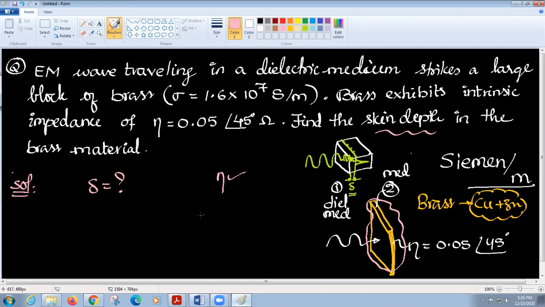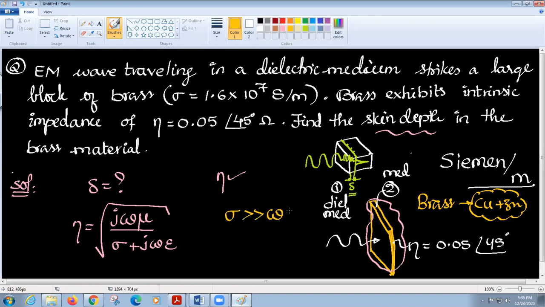For a conducting medium, in general, eta is equal to the square root of j omega mu by sigma plus j omega epsilon. For a conductor, the conductivity dominates. If I take a conducting or high-loss medium, sigma is far greater than omega epsilon.